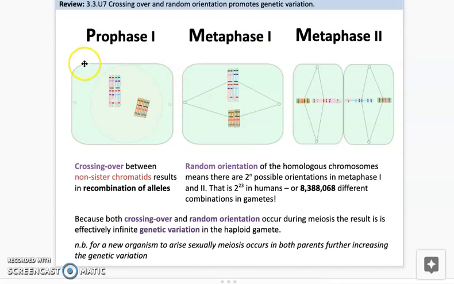This one is a review slide where it's showing the sources of genetic variation and what promotes genetic variation in meiosis. Those two things are crossing over and random orientation of the chromosomes. What do we mean by crossing over?